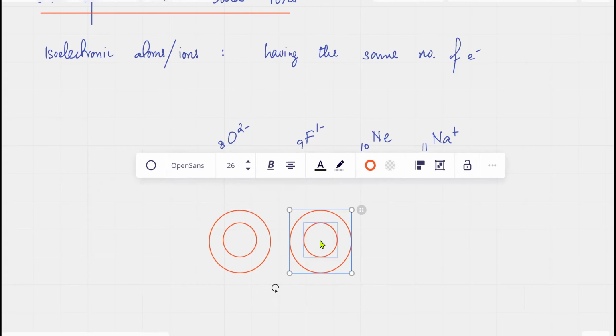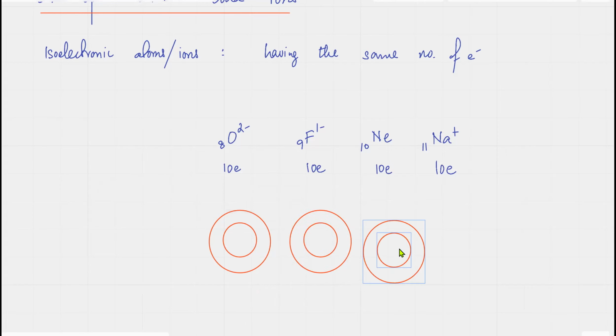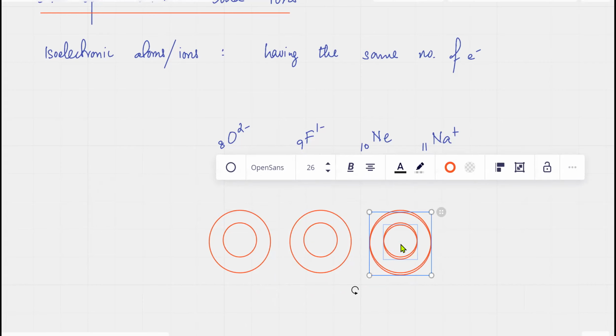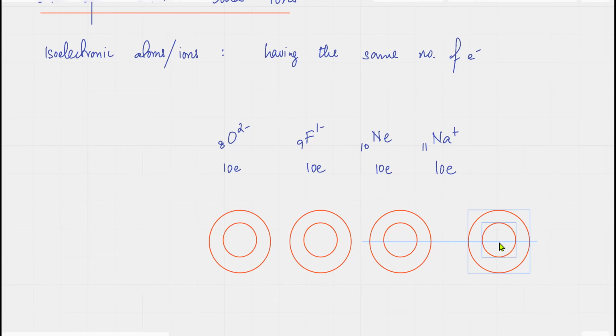Here's another one. So I've got these four atoms lined up, exactly the same electronic configuration. They have exactly the same number of electrons. Two in the first shell, and eight in the second one. All of them are exactly identical.